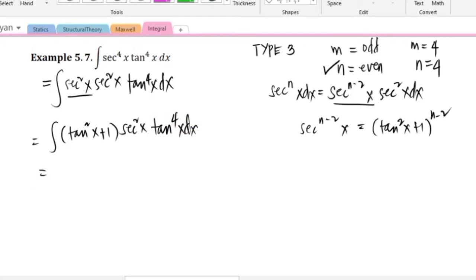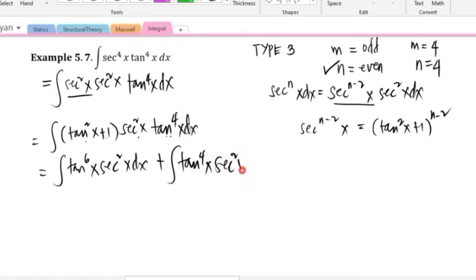And this is tangent square times secant square times tangent to the fourth, and that's tangent to the sixth x secant square x dx plus 1 times secant square tangent to the fourth, that's tangent to the fourth x secant square x dx. If we let v is equal to tangent x, then your dv is equal to secant square x dx.